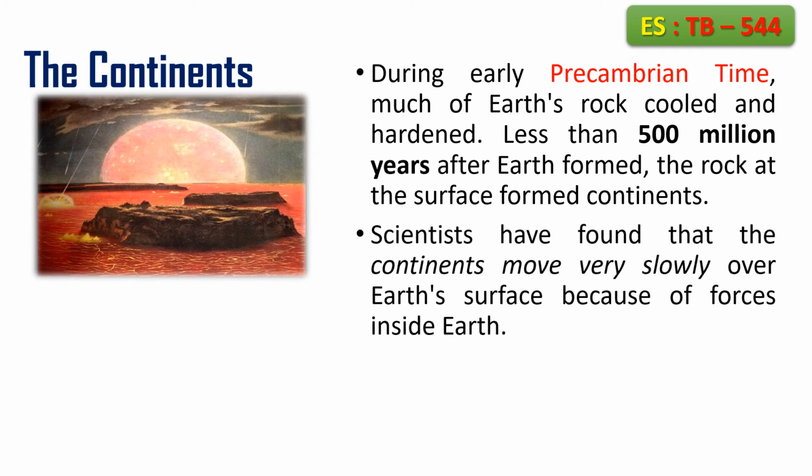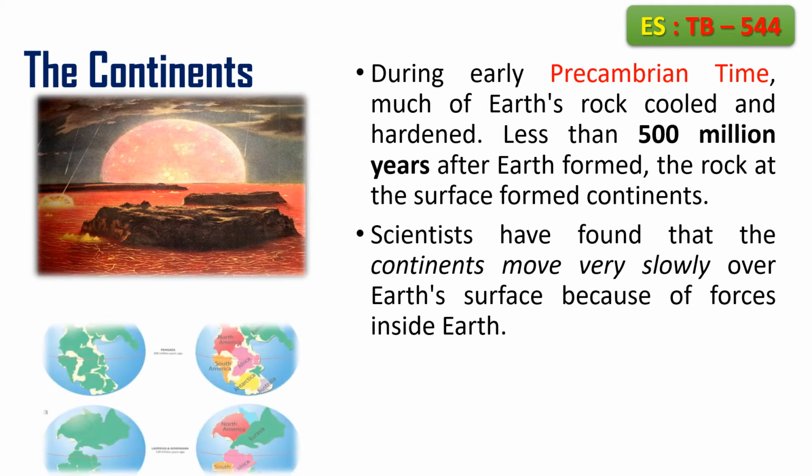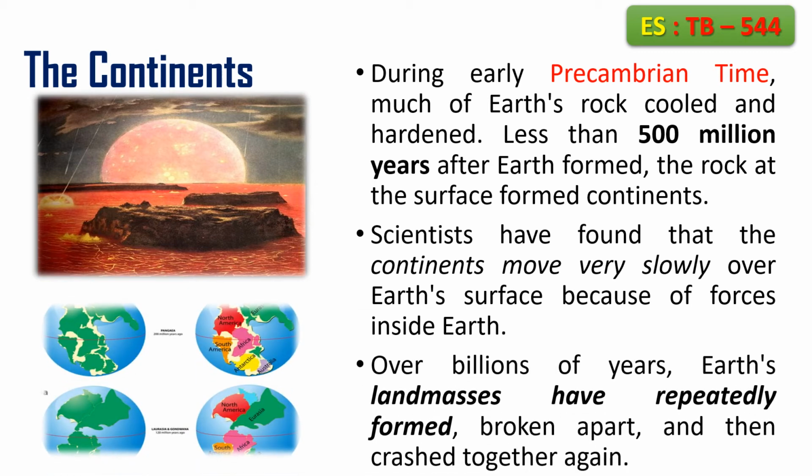Scientists have found that the continents move very slowly over Earth's surface because of forces inside the Earth. Over billions of years, Earth's land masses have repeatedly formed, broken apart, and then crashed together again.